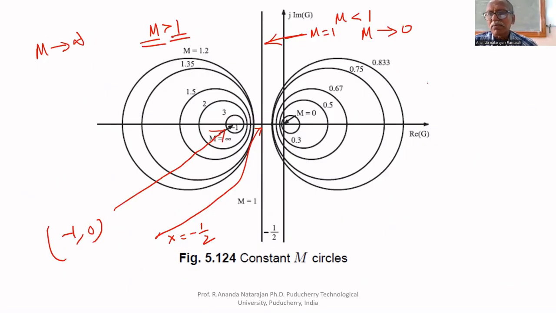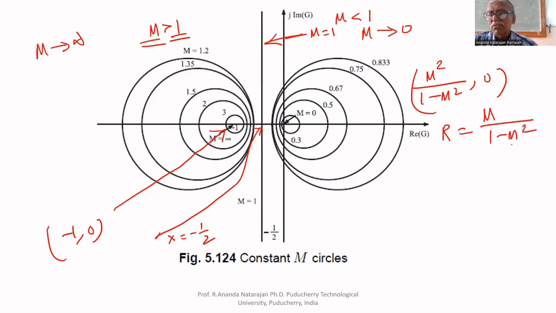On the other side, what happens? The center is m square upon 1 minus m square comma 0. Radius is m upon 1 minus m square. As m tends to 0, the maximum value is just below 1 and the minimum value is 0. As m tends to 0, what will you get? 0 upon 1.